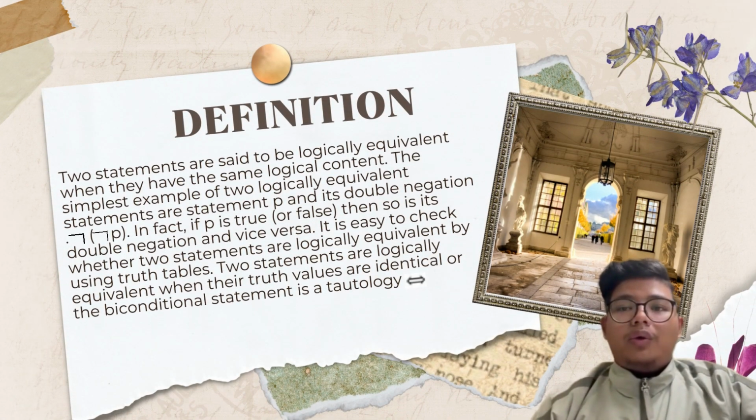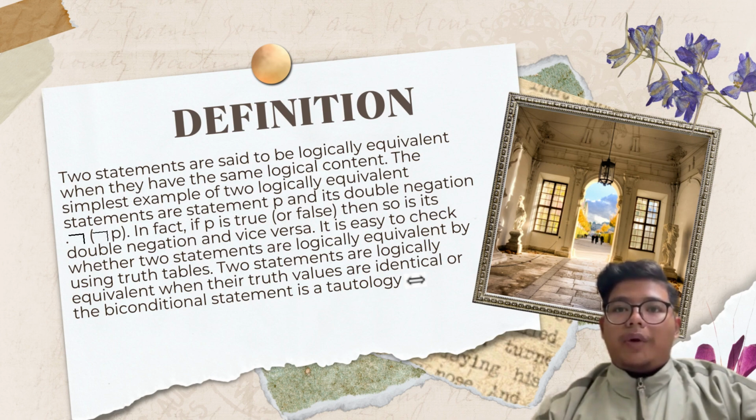Next, we will go through the definition of logical equivalence. So, what is logical equivalence? Two statements are said to be logically equivalent when they have the same logical content. The simplest example of two logically equivalent statements is statement P and its double negation, not (not P).